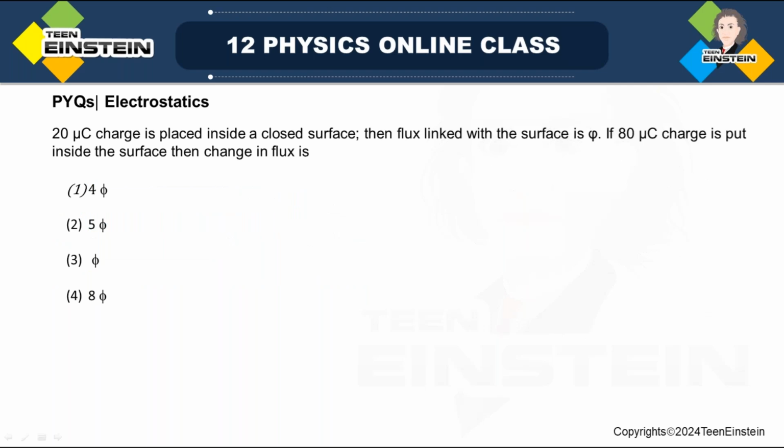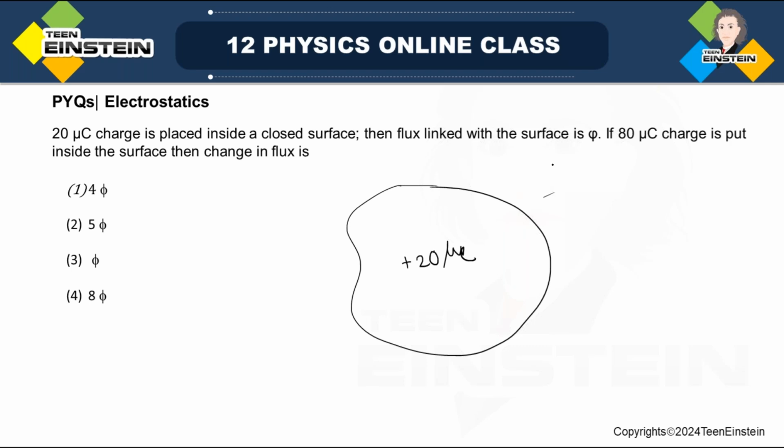All right. So these are the questions from Gauss's law we are discussing from the particular chapter, electrostatics. So what is this question saying? A 20 microcoulomb charge is placed inside a closed surface. Let us take any arbitrary closed surface, with 20 microcoulomb charge placed somewhere inside. Then the flux linked with this surface will be phi.